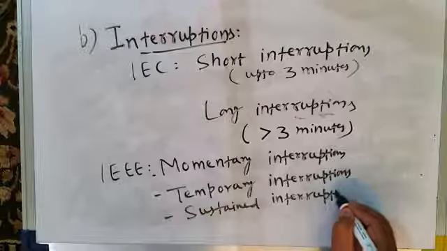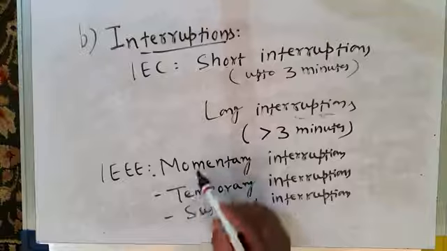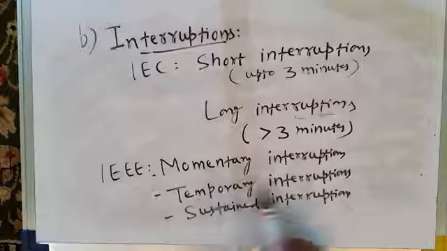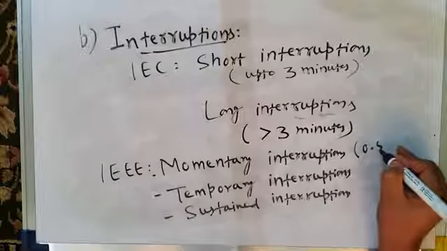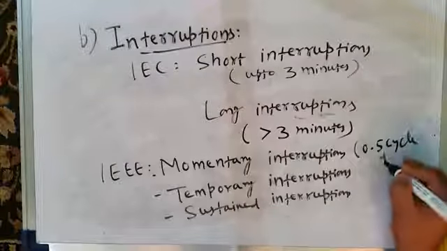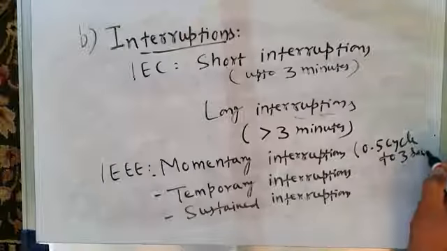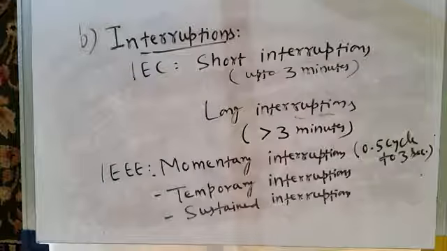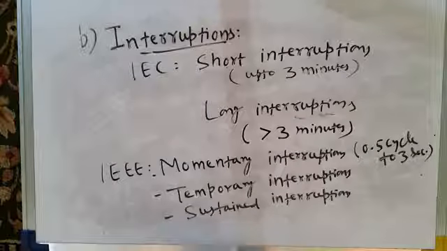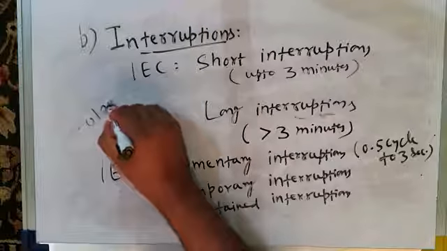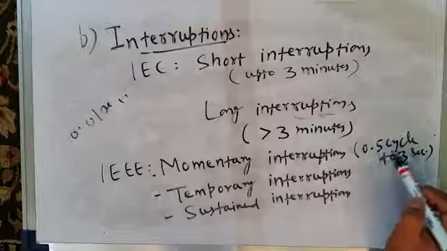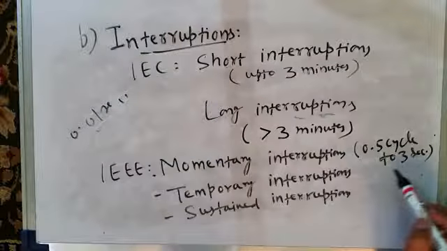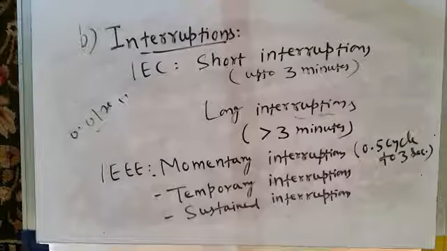So they classify interruptions into 3 groups. An interruption which lasts from 0.5 cycle to 3 seconds is called a momentary interruption. See, 1 cycle means 20 milliseconds on 50 hertz, and 0.5 cycle means 10 milliseconds. 10 milliseconds means 0.01 second. That means if an interruption lasts from 0.01 second, that is 0.5 cycle, to 3 seconds, it is classified as a momentary interruption.